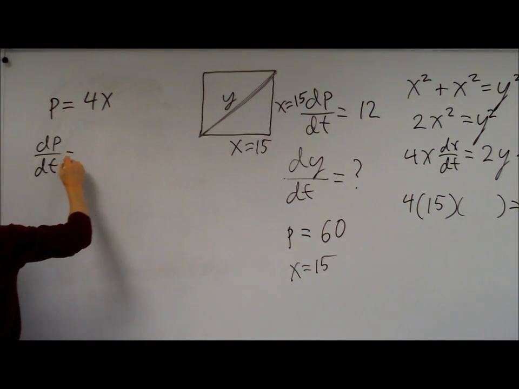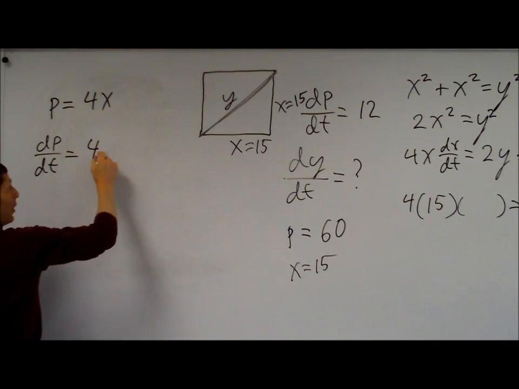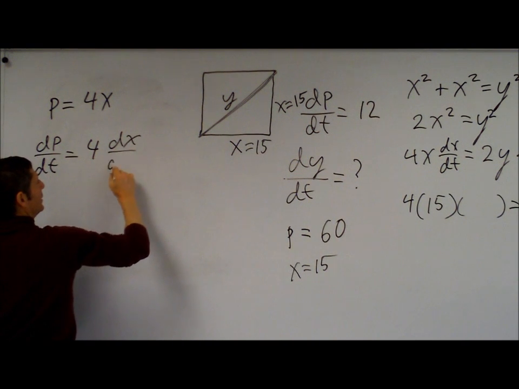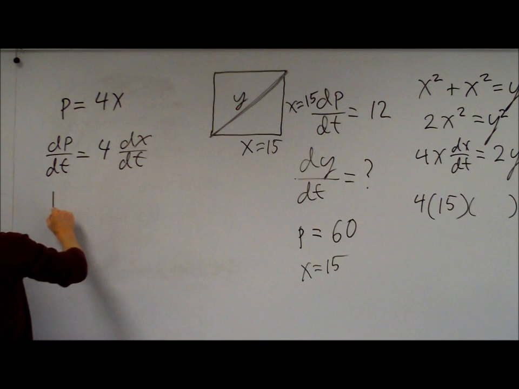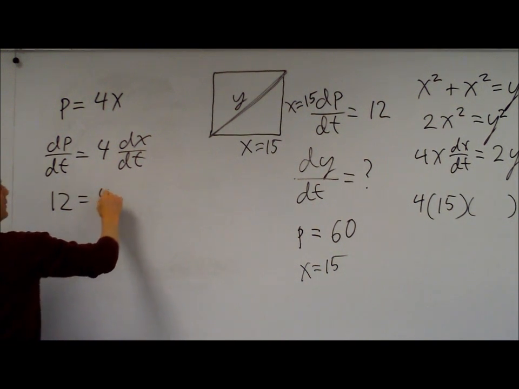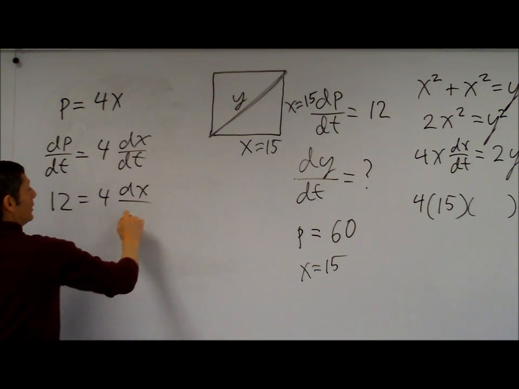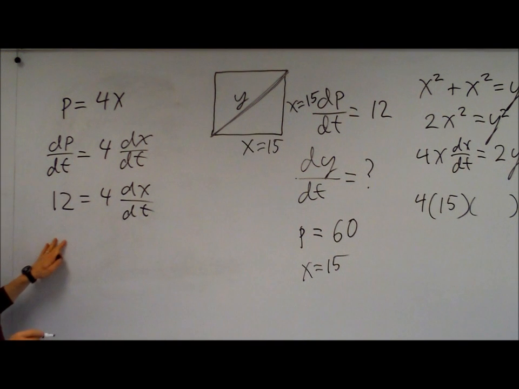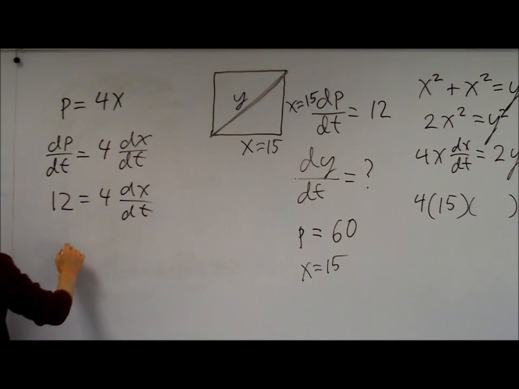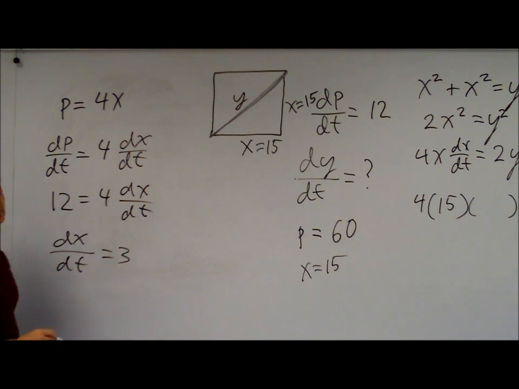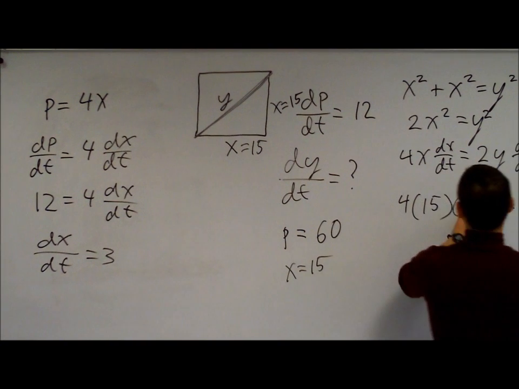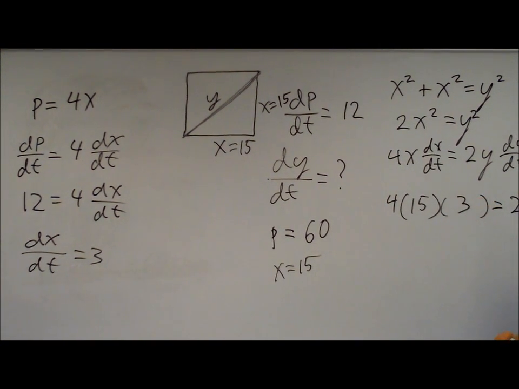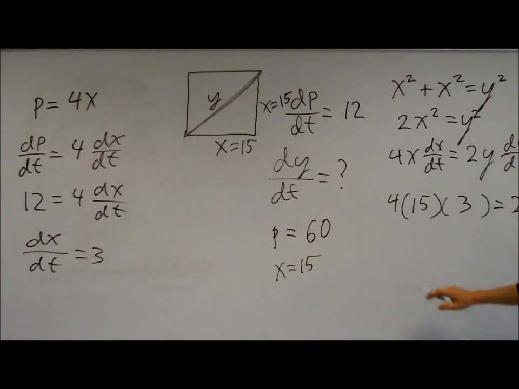dP/dt equals 4 dx/dt. I see where you're going with this, Mr. Haas. I know dP/dt is 12. For dx/dt, I don't know what that is. Divide both sides, so dx/dt is going to end up equaling what? 3. Terrific. I needed that to fill in over here, dx/dt.